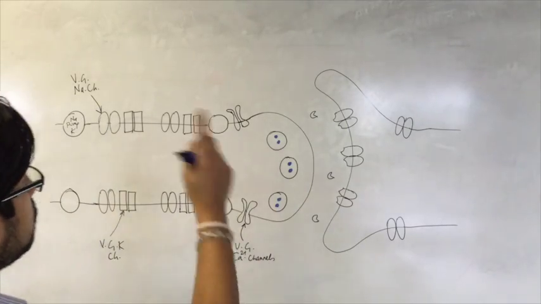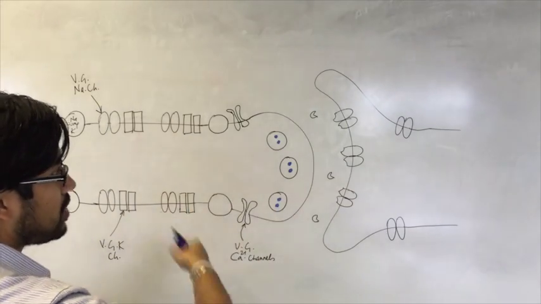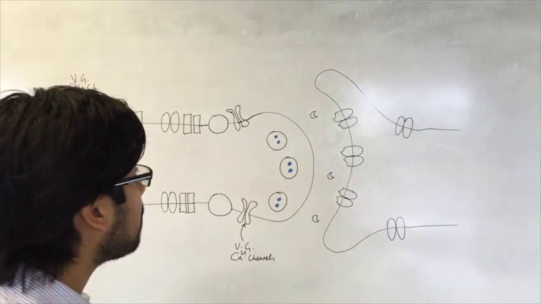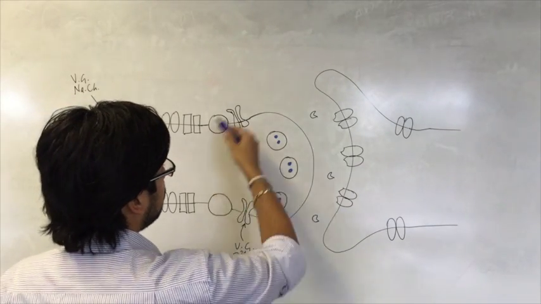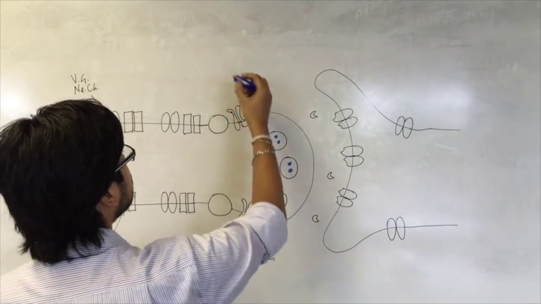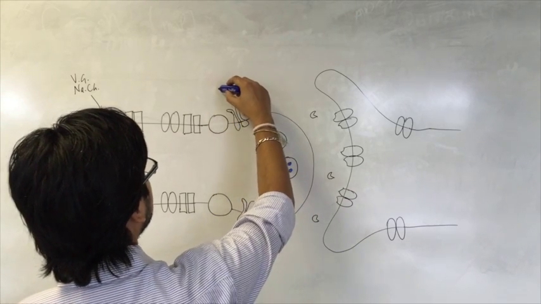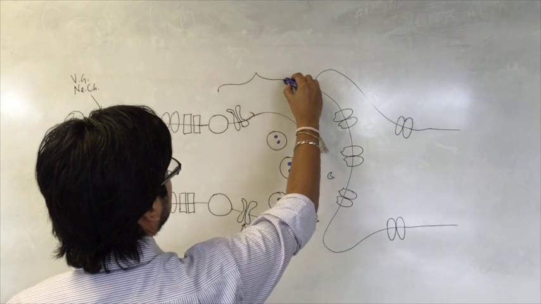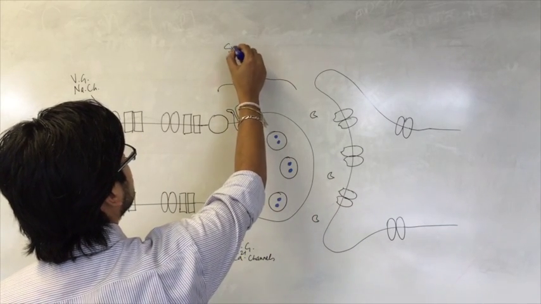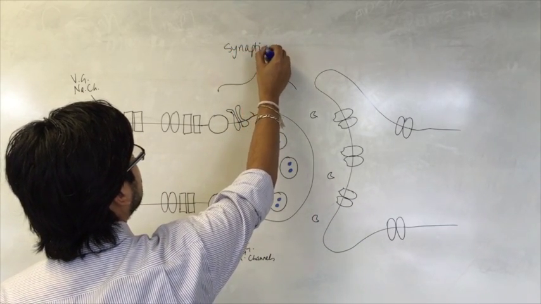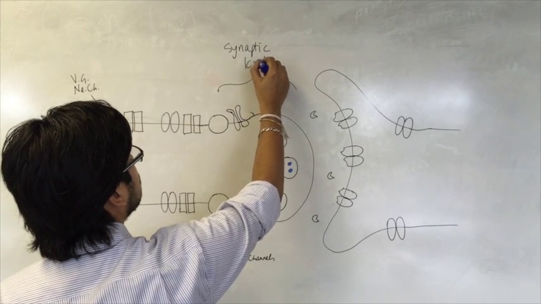So just a few things with the synapse, because that's really the new structure that we're going to be talking about. This area right here is called the synaptic knob.